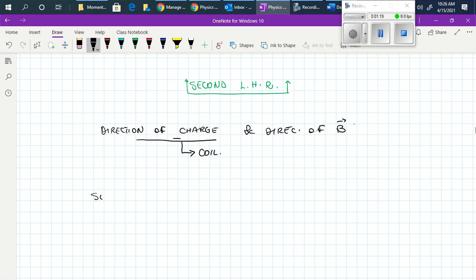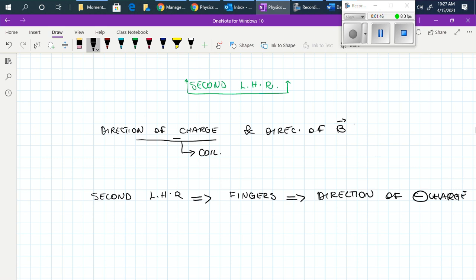So for the second left-hand rule, the fingers will tell us the direction of the negative charge. And if it is a positive charge, then we just switch it. And the thumb will tell us the direction of the magnetic field.